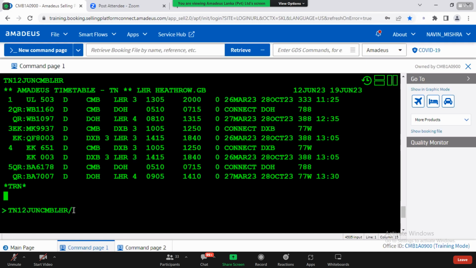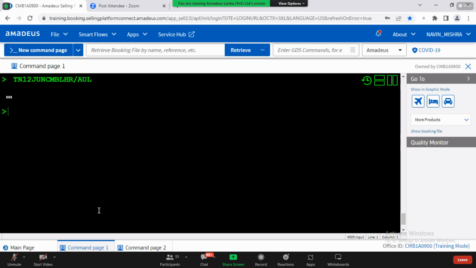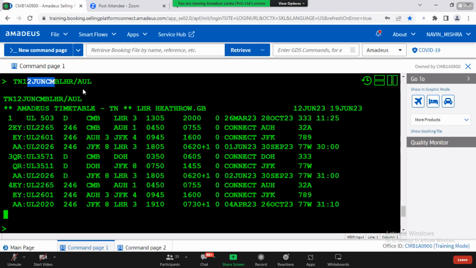Now I want to search flights between 12th of June and 19th of June, Colombo to London, A A is the airline code, let's use UL. So this will show the timetable, Colombo to London, for Sri Lankan Airlines only.